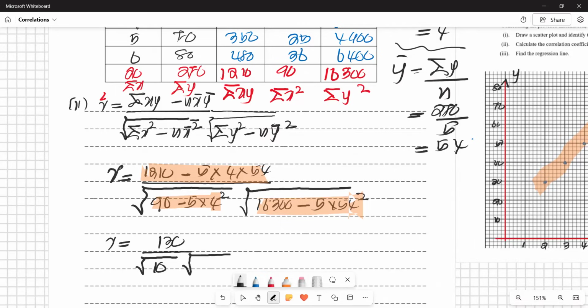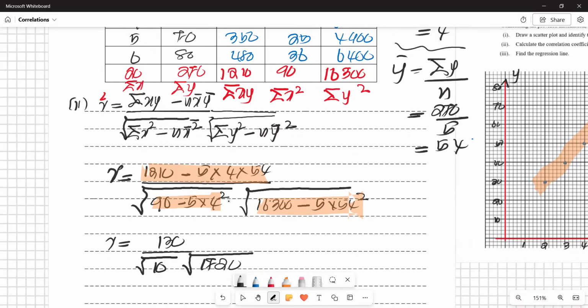Second square root side: 16,300 minus 5 times 54 to the power 2. This is 1,720. Please check my values.